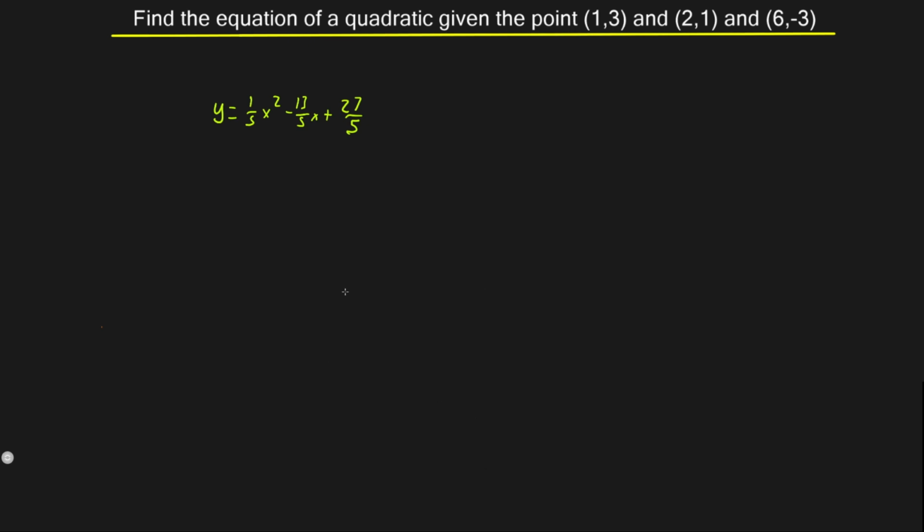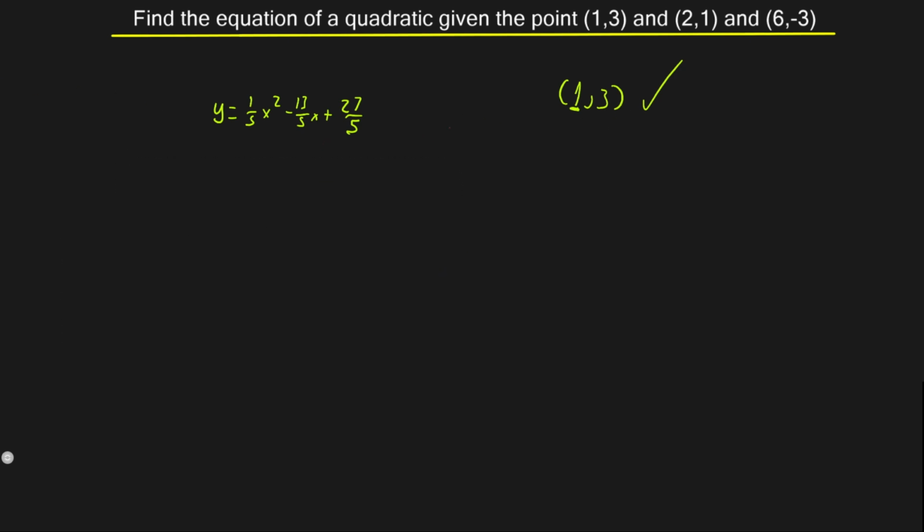So we're just going to leave it like this and plug in x is equal to 1. So we get y is equal to -12 plus 27 over 5, which is the same thing as 15 over 5, which is indeed 3. So we basically get 1 comma 3 is correct. And we're going to plug in our second point, which is 2 comma 1.